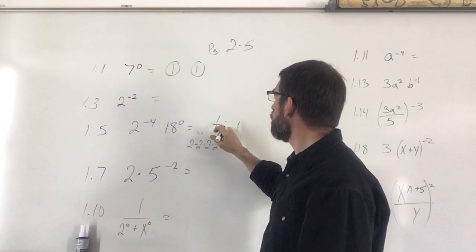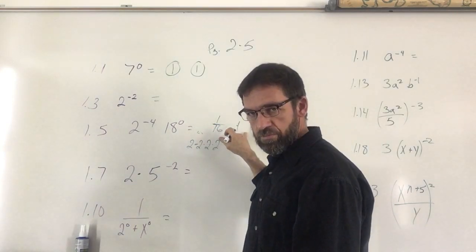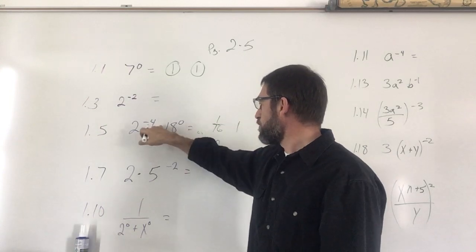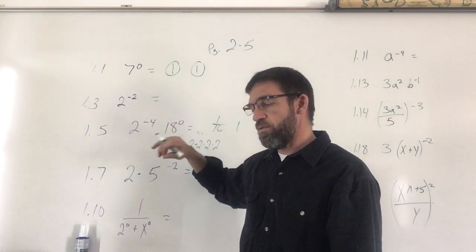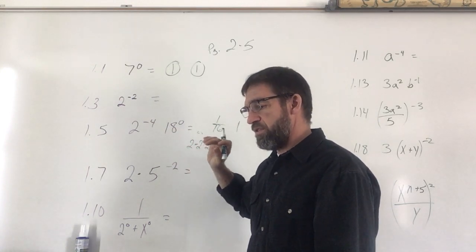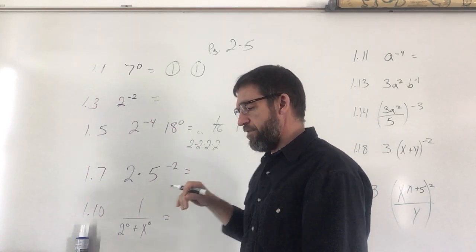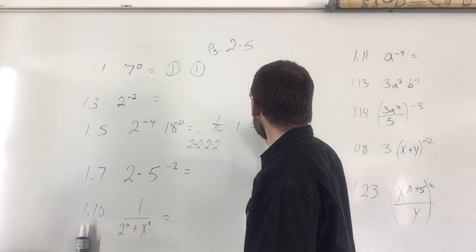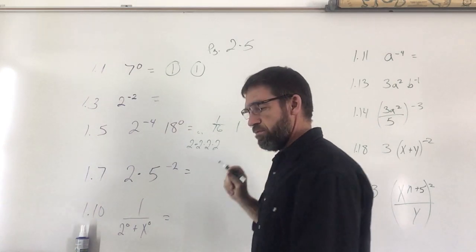We have 1 over 16 times 1, because 18 to the 0 is 1. And there was no symbol between them, no addition or subtraction, and so it's times 1. And that would make 1/16 times 1 equals 1/16 as your final answer.